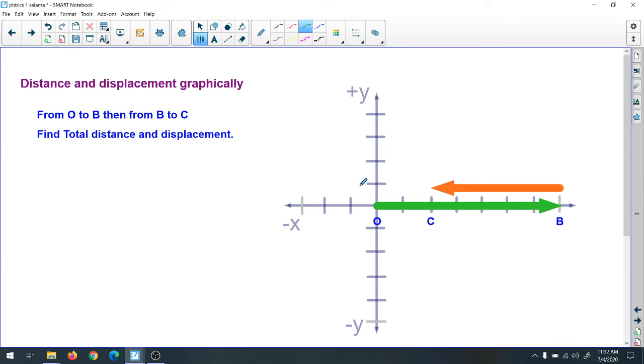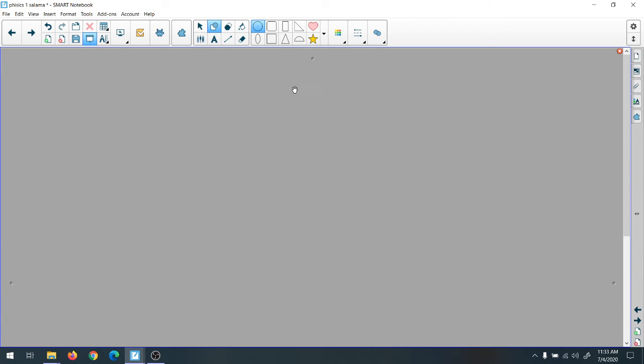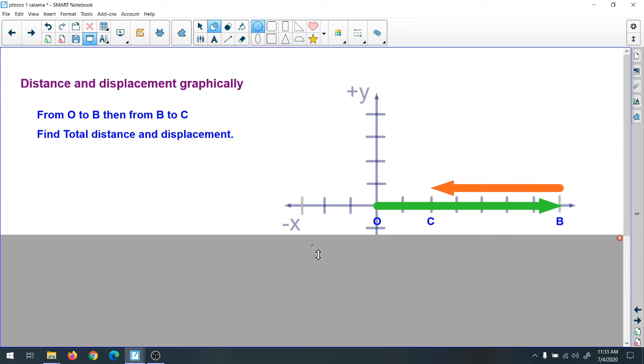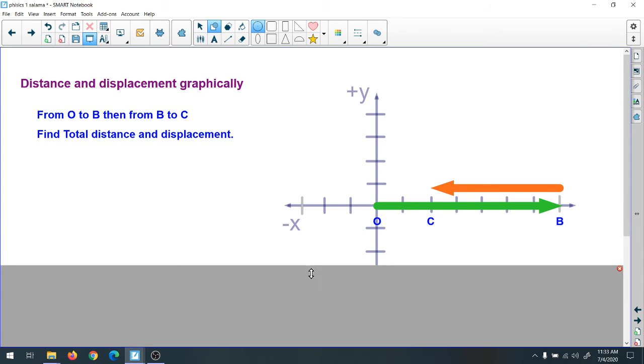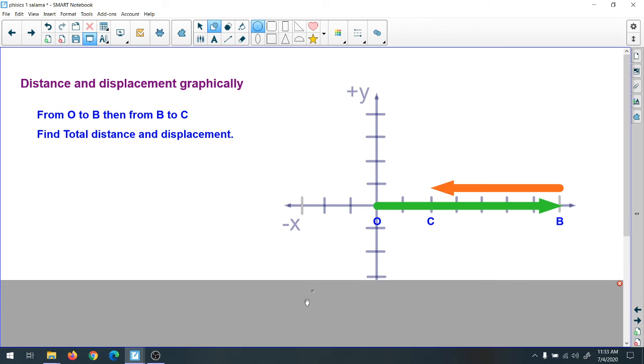Okay, this is another example here. From O to B, then from B to C. Find the total distance and displacement. I think you have to pause this video and think about it. First, you're going to copy that. Give yourself time to copy it. When you have fully copied it, take 5 minutes to think about the answer.